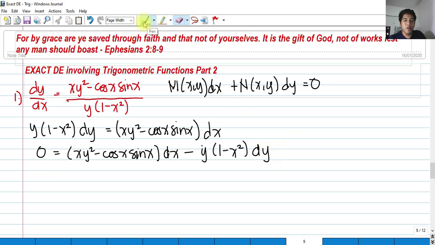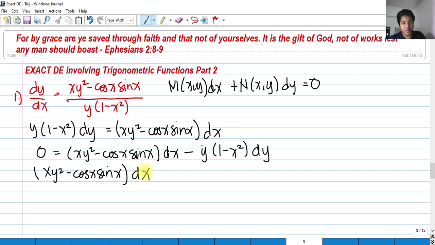What will happen is I would want this to become plus, so I can distribute the negative sign. We'll have xy squared minus cosine x sine x dx plus, but this is now negative, so I distribute the negative into this: negative y plus x squared y dy.